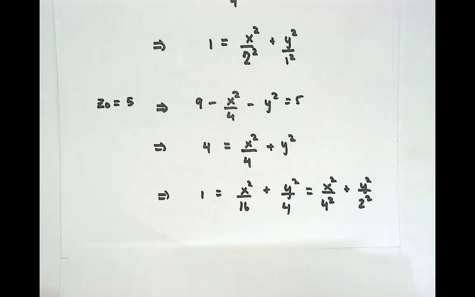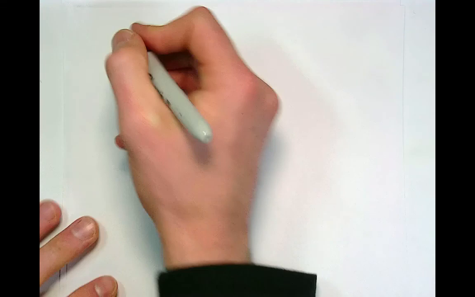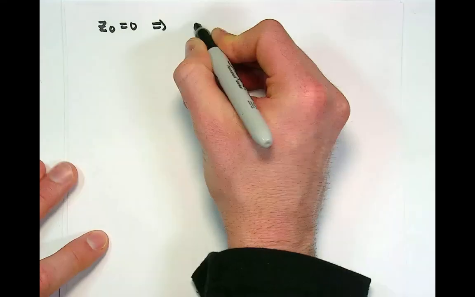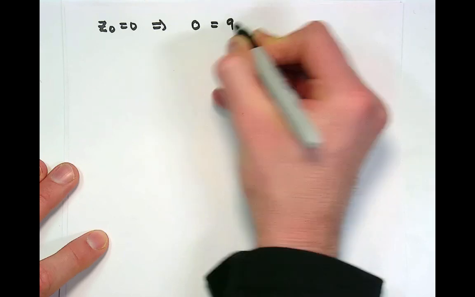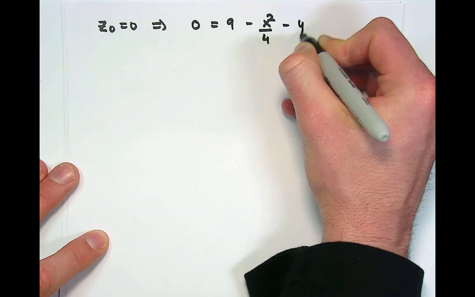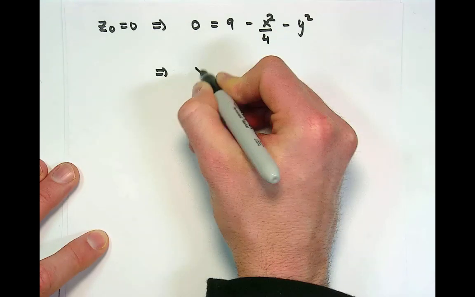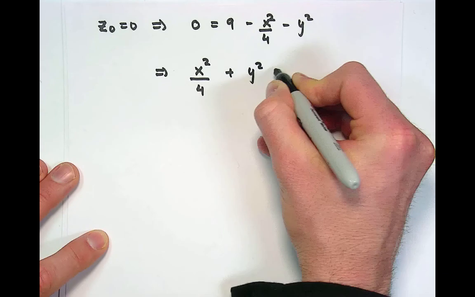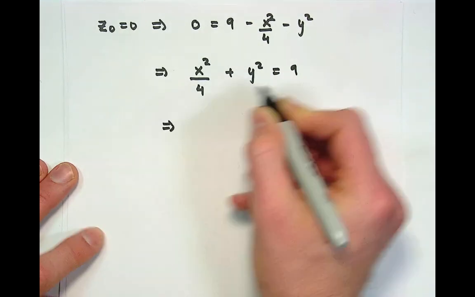And then finally, we had the constant value z equals 0. And this would imply 0 equals 9 minus x squared divided by 4 minus y squared. We are now old pros at this. This is x squared divided by 4 plus y squared equal to 9.